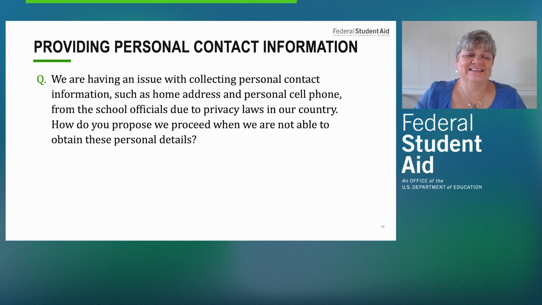Thanks, Effie. Next question. We're having an issue with collecting personal contact information, such as home address and personal cell phone, from the school officials due to privacy laws in our country. How do you propose we proceed when we're not able to obtain these personal details?